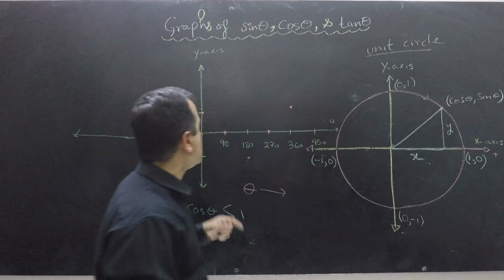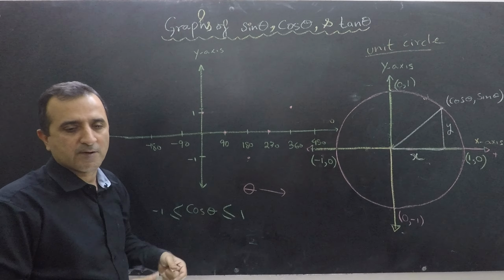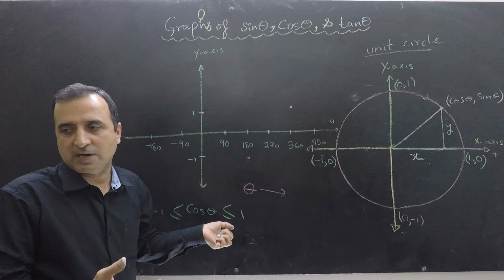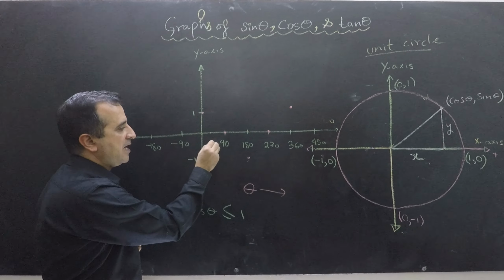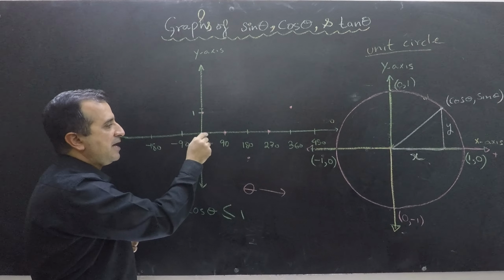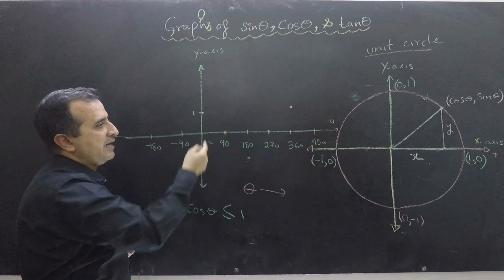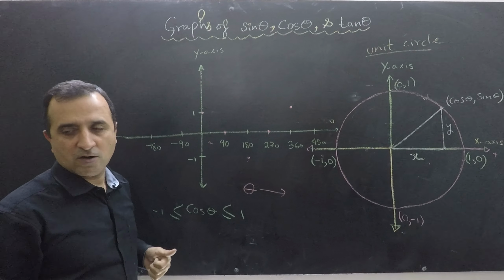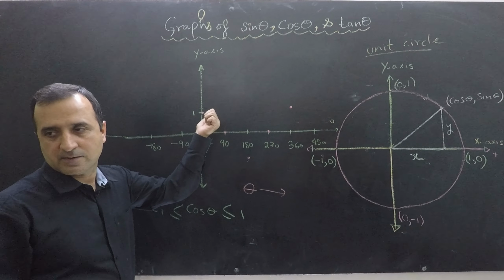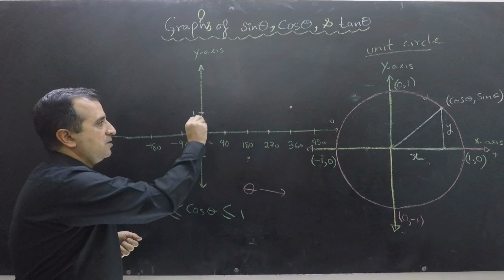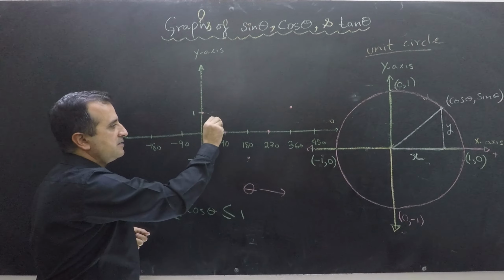So we will take the same circular path here, because remember we are unwrapping the same graph. We can also say right here 45, and at 45 it's going to be some value of cos theta, which is 1 over square root 2, which will be somewhere here, right? So now we make this kind of graph.